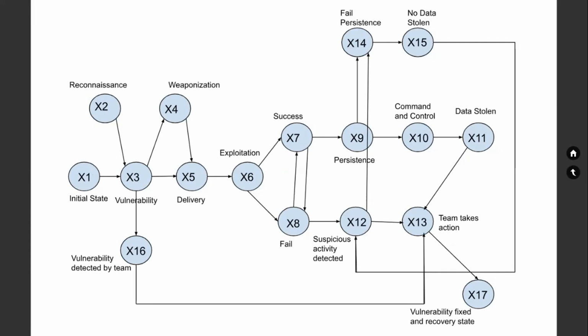As in, the attacker starts with the reconnaissance stage, trying to understand how the systems work in the organization, to later on be able to infiltrate them. And then if you look at X6, it has two outcomes, X7 and X8, which are the success or fail of the attacks, which we will focus on mainly in this presentation.